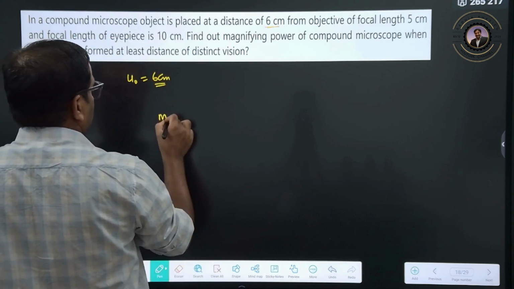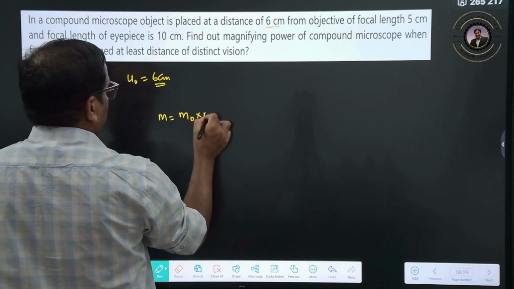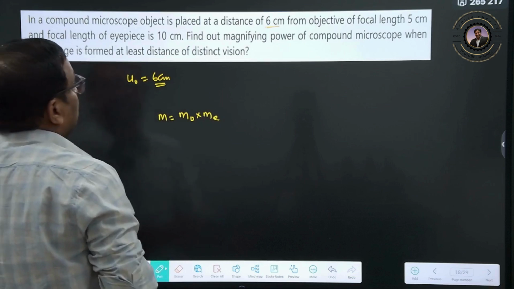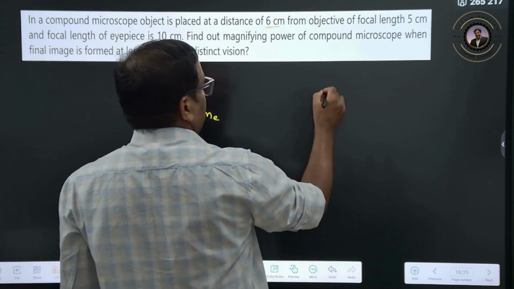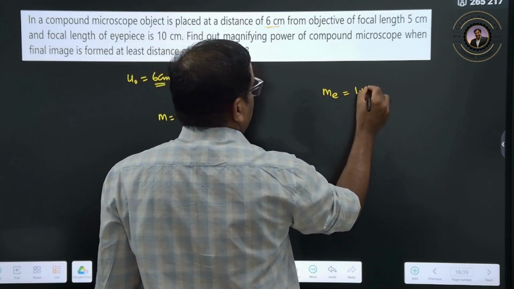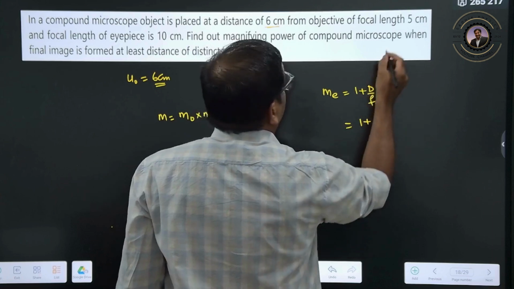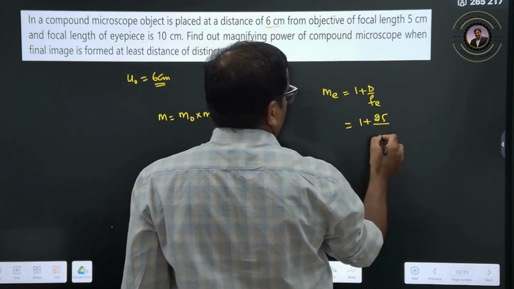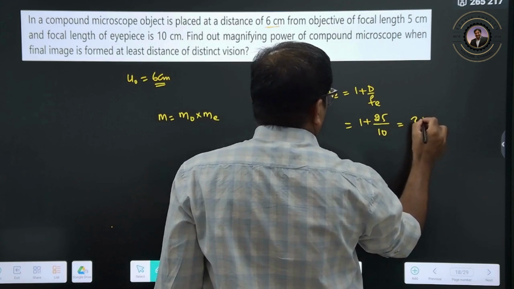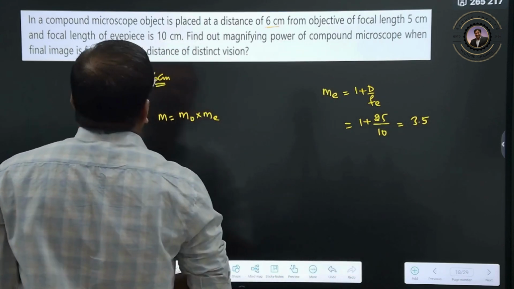Magnification is asked, therefore MO into ME. So the first image is at the least distance of distinct vision. ME is given as 1 plus D by FE, 1 plus 25 by FE, and FE is nothing but 10, so 3.5 will be the magnification.